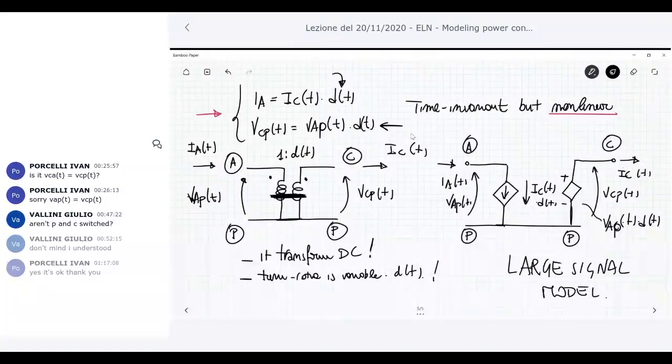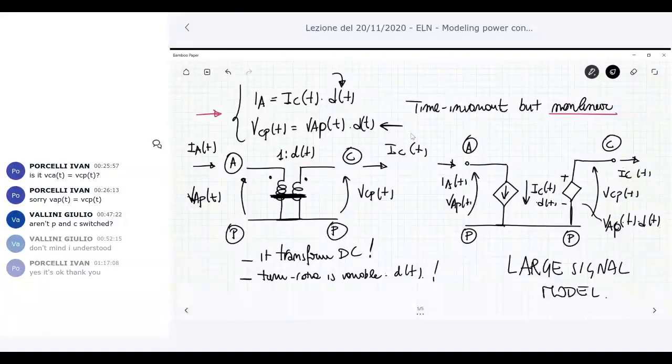If you want to simulate several periods of the switching period, you can have hours of simulation, because when you open and close the switch, the simulator, SPICE or LTspice, whatever, tries to reduce the simulation step in order to follow the very steep variation of voltages and currents due to the switch operation.